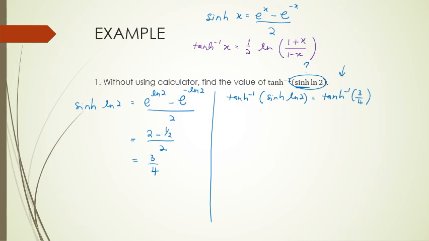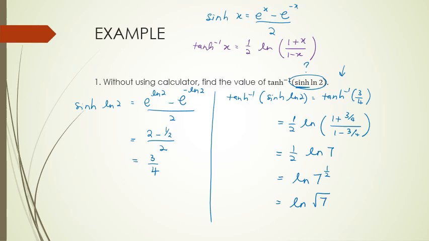Substituting into the formula, 1 over 2 ln of 1 plus 3 over 4 over 1 minus 3 over 4. It becomes 1 over 2 ln 7, or we can write it as ln 7 to the power of half, or ln square root of 7.